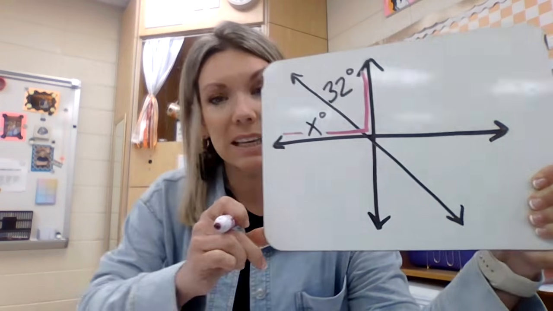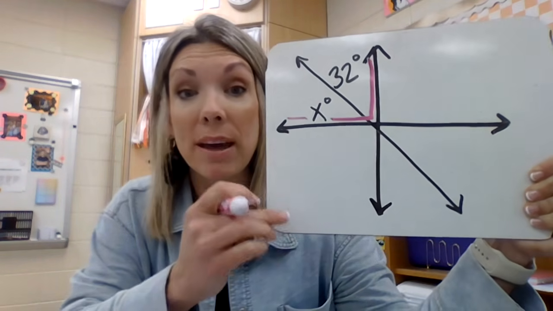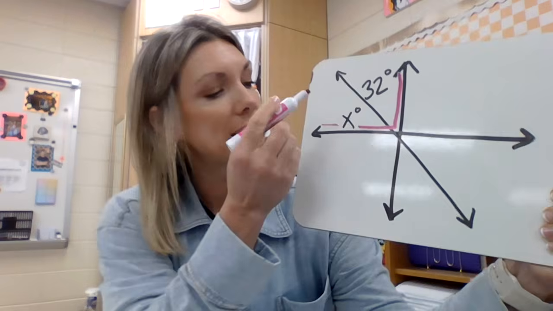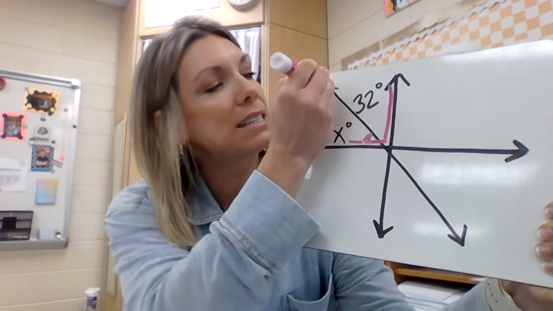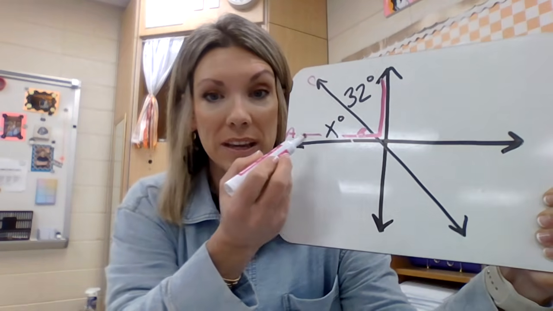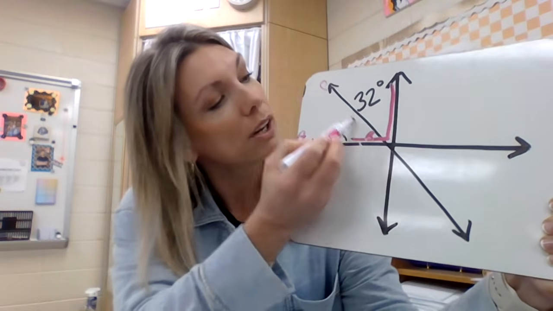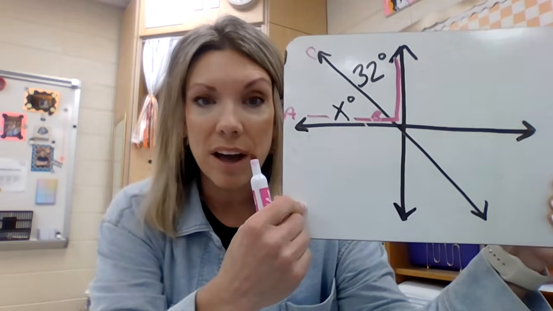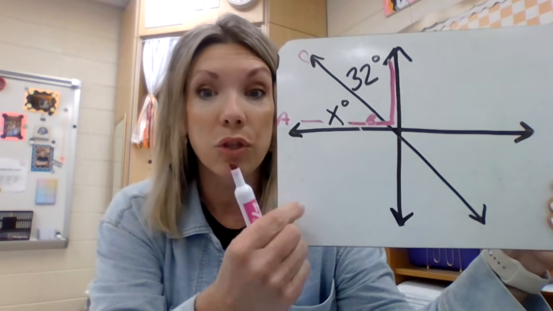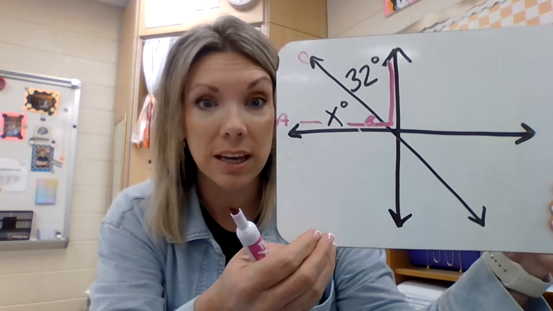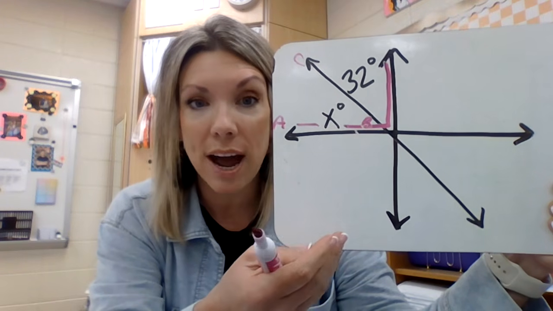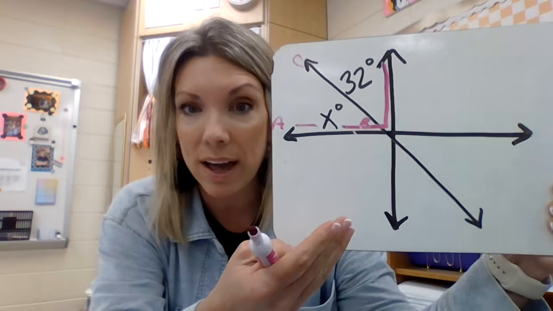So if they're asking you to find the measurement right here where this X is, they might give you little letters like find the measurement of A, B, C. And that means in between these right here. So if they're asking you to find that and you know that 32 plus X has to give you 90, then all you do is subtract 32 from 90 to find out what X is.